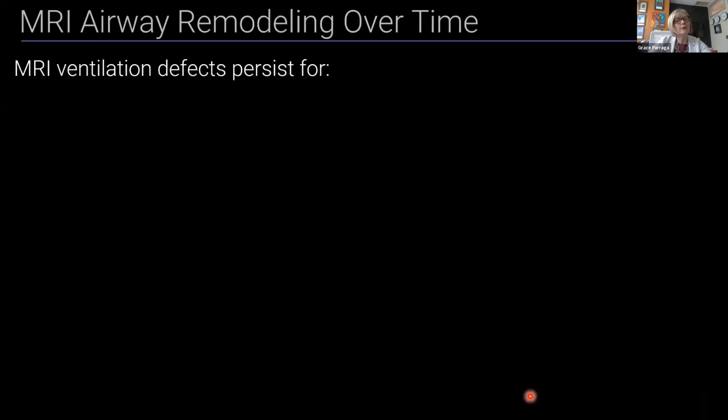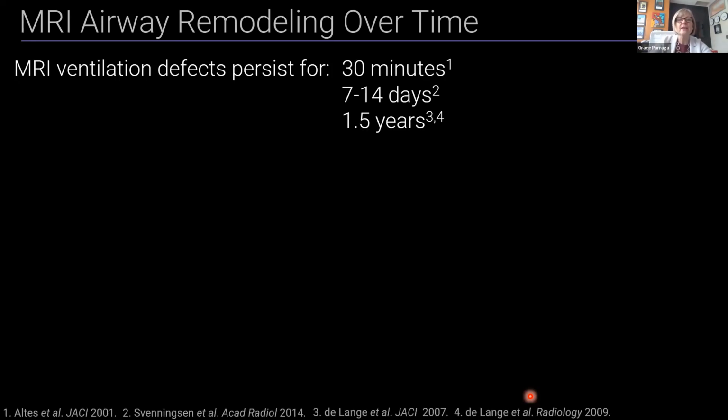So now I'm going to talk about remodeling over time, because this is one of the strategic advantages of MRI, is that you can do this over and over again in individuals. And we can do this over a period of minutes, over days, and over years. And in fact, in our lab and others, folks have been coming back for yearly scans over the period of 7 to 9 years.